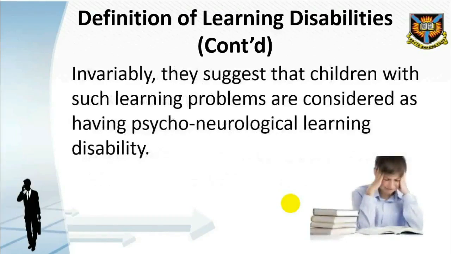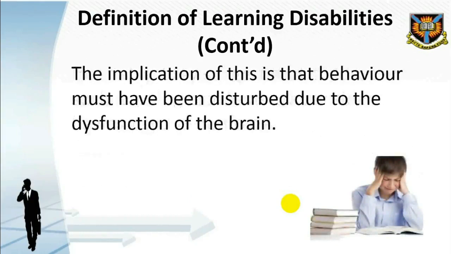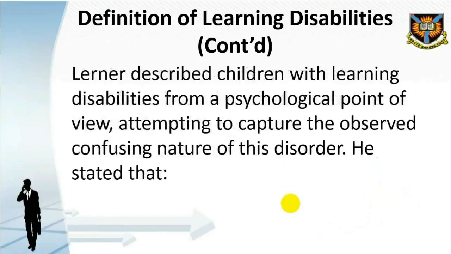Invariably, they suggest that children with such learning problems are considered as having psychoneurological learning disabilities. The implication of this is that the behavior must have been disturbed due to the dysfunction of the brain. The nature and diversity of learning disabilities have evoked further comment.